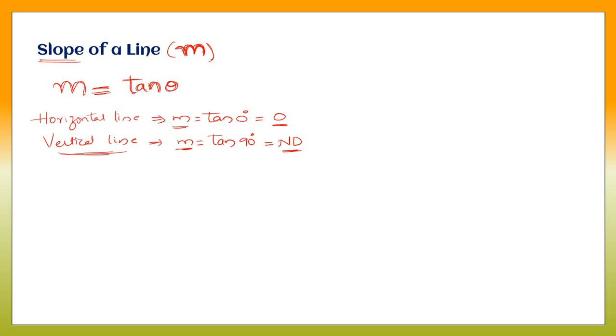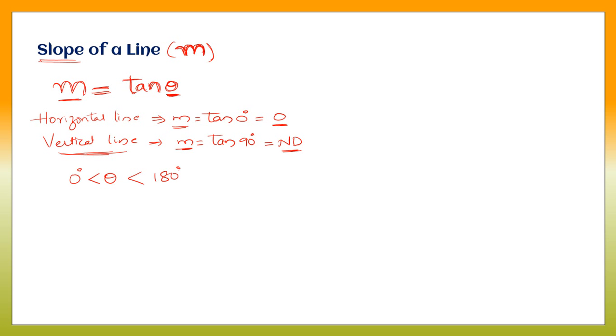Okay, next, one more thing. If theta is given, then the slope is given as m is equal to tan theta. Now from trigonometry, this theta value ranges from 0 degrees to 180 degrees.